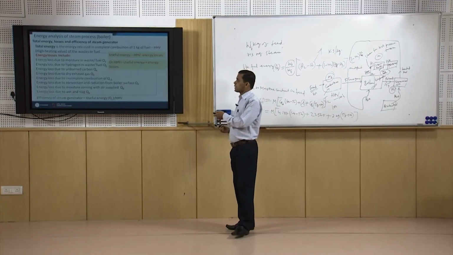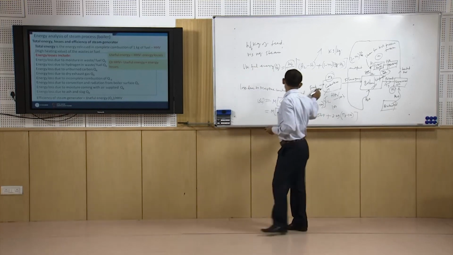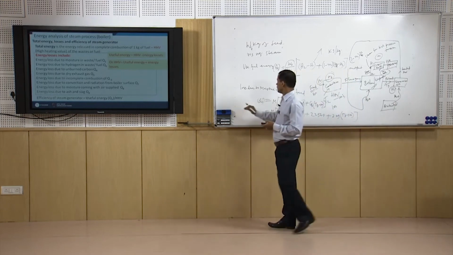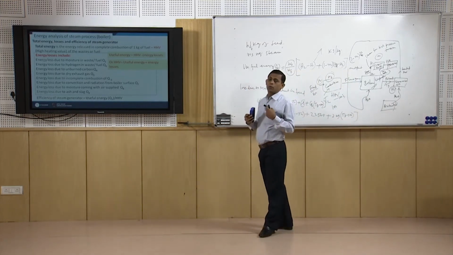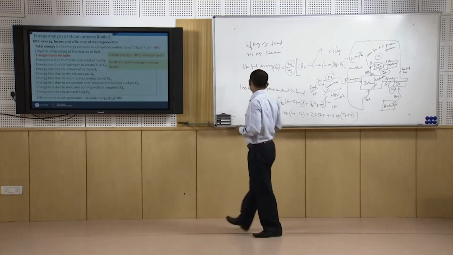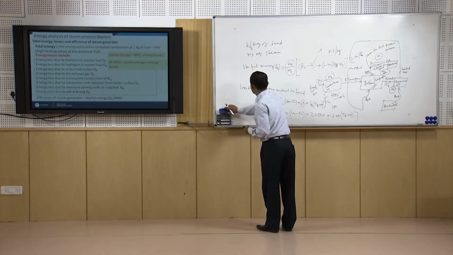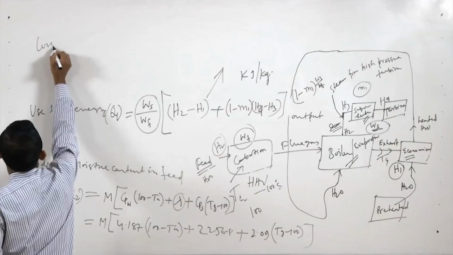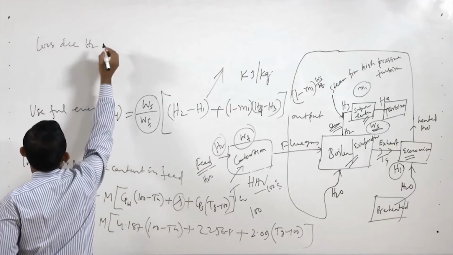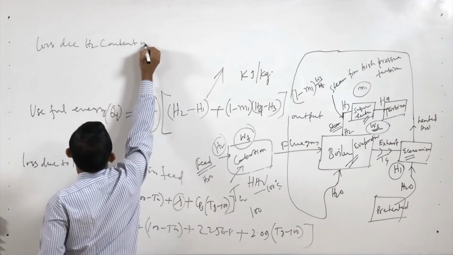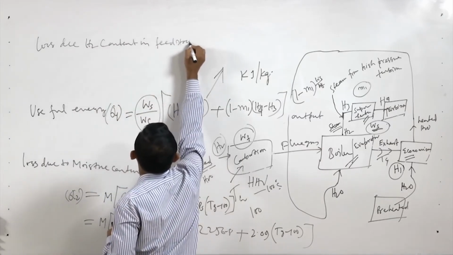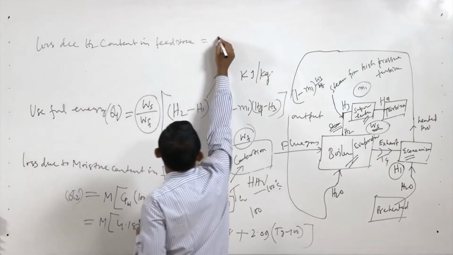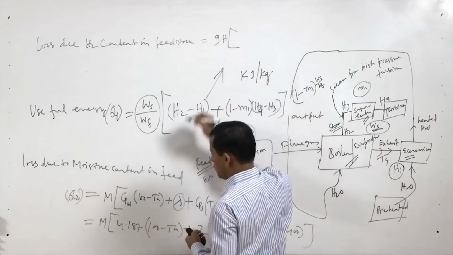Some other losses: if hydrogen is present in the feedstock, then hydrogen will also be converted to water, and that water will use some heat that will not be used in the process. So, the loss due to hydrogen content in feedstocks is equal to 9 into H into Q2.